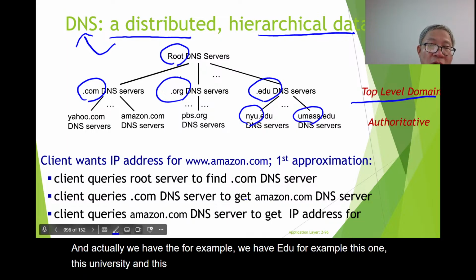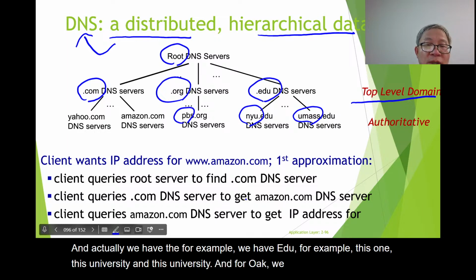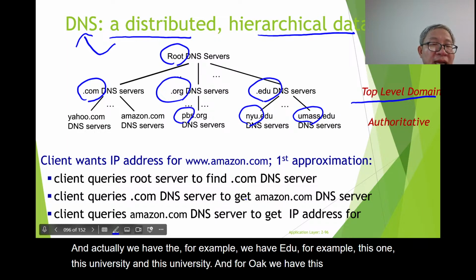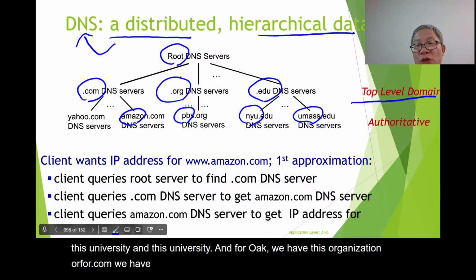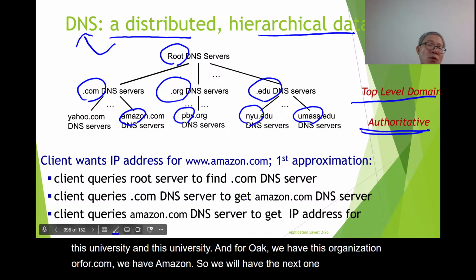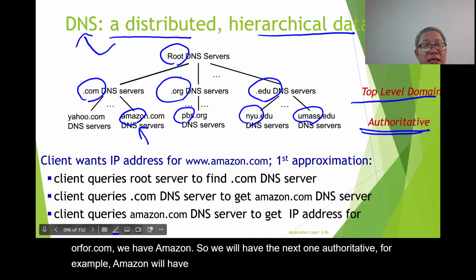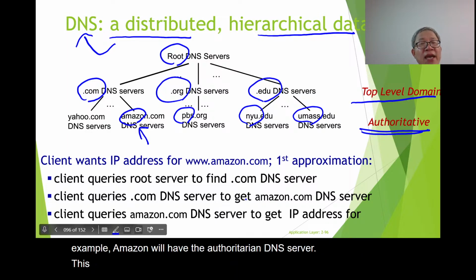For org, we have this organization, and for .com, we have Amazon. Then we have the next level, authoritative. For example, for Amazon, we will have the authoritative DNS server. Well, this is the distributed hierarchical database.